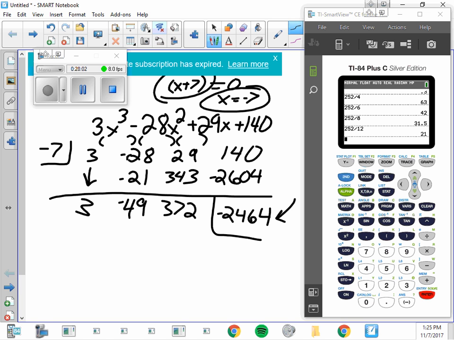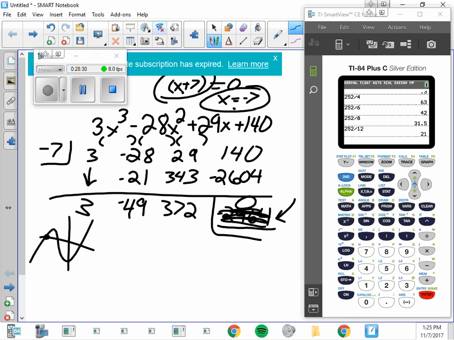It asks, is this a factor of the original problem? And we found out no. Does the graph hit the x-axis at -7? And we found out no. And where does the graph exist at -7? Way down at -2464. So if this ended up being 0, where is the graph at -7? At 0.